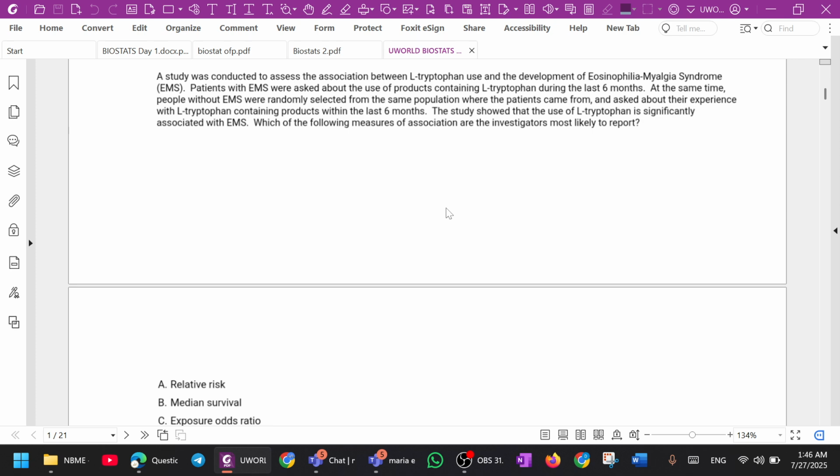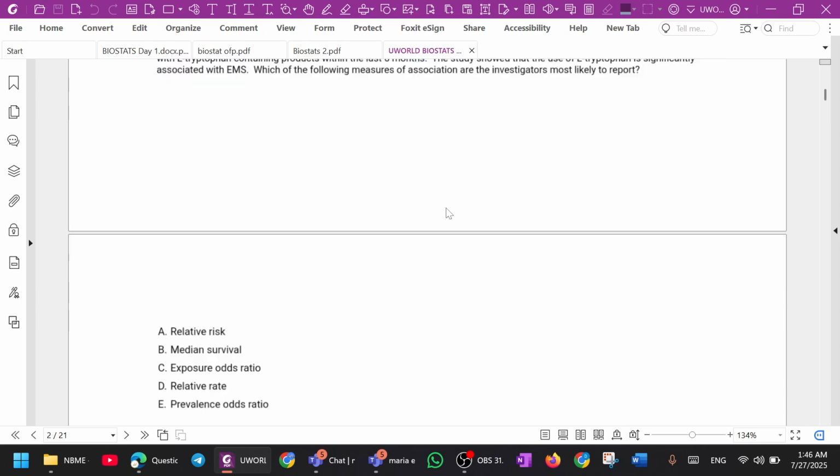So then the grouping strategy: patients with EMS, the outcome, are asked about the products of L-tryptophan during the last 6 months. Is it case control? Like the outcome, then they are asking about the exposure. At the same time, those without EMS were randomly selected and asked about their experience. It is case control, so it is the odds ratio, exposure odds ratio, isn't it?